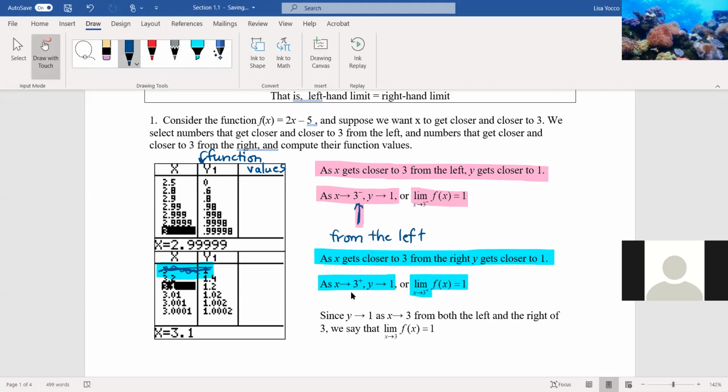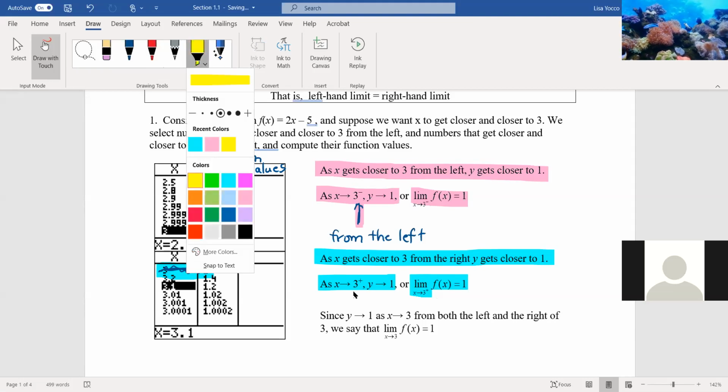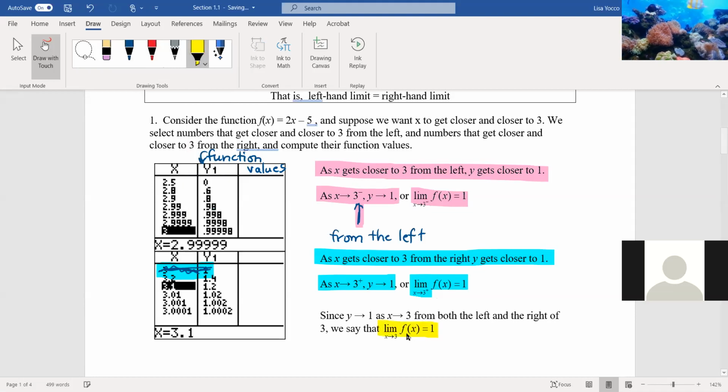And that little arrow, I guess I should have mentioned, stands for approaches or gets close to. So since y approaches 1 as x approaches 3 from both the left and the right of 3, we say that the limit of the function as x approaches 3 equals 1. So that's this guy right here, and that is called the double-sided limit.